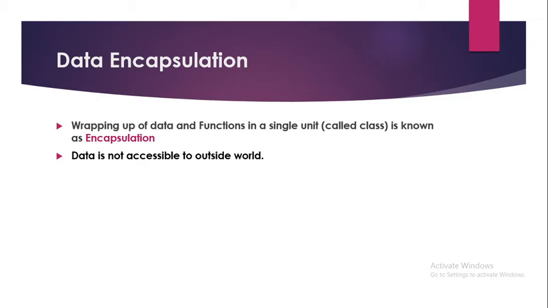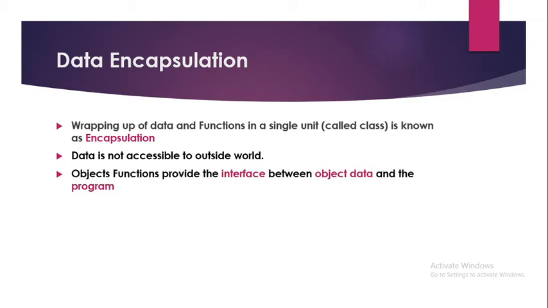So data is not accessible to the outside world. That means only the same object can access its own data. The remaining program and other objects cannot access the data of another object directly. So data is not accessible to the outside world.